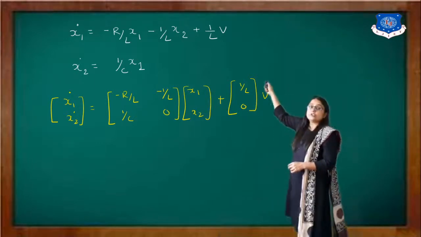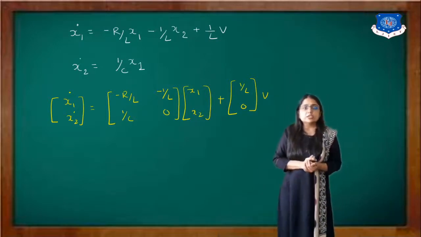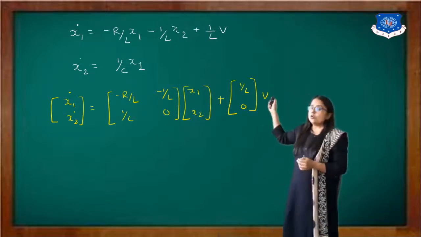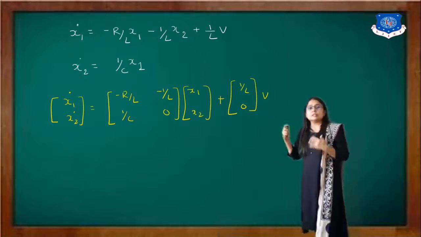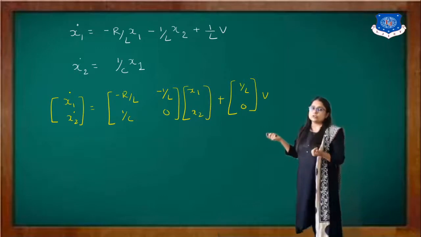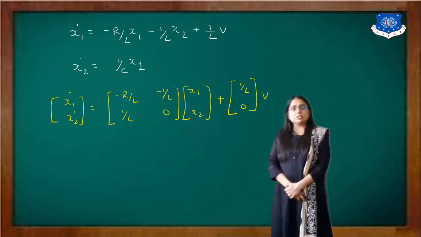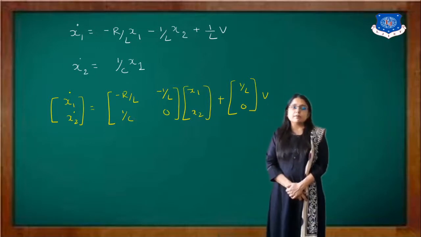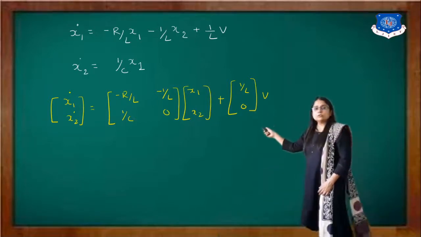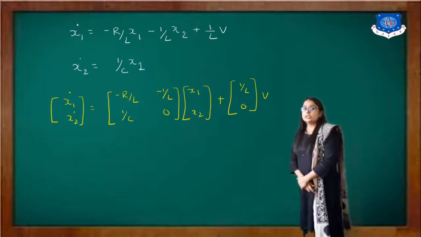See the coefficient of x1 is minus R by L, the coefficient of x2 is minus 1 by L, and the coefficient of V, which is my input, is 1 by L. If you want to write u instead of V, that is also fine. Now for x2 dot, the coefficient of x1 is 1 by C and x2 is 0. This is for the x dot equation.